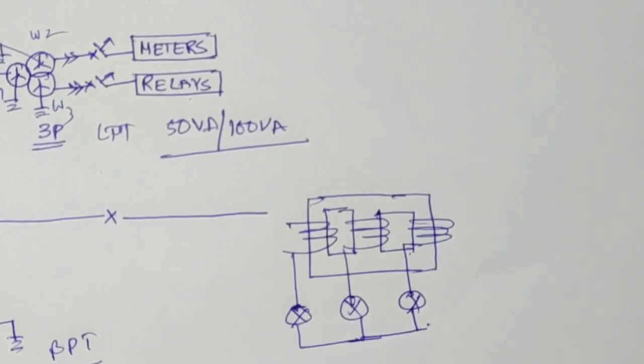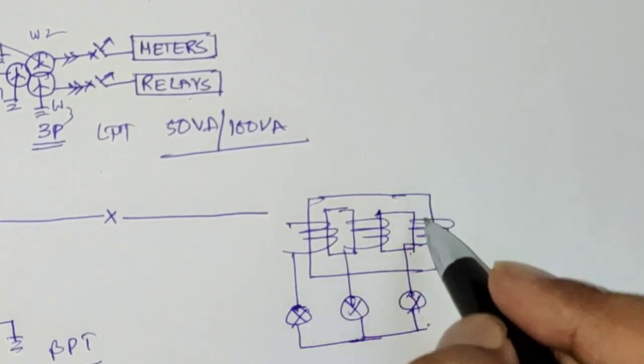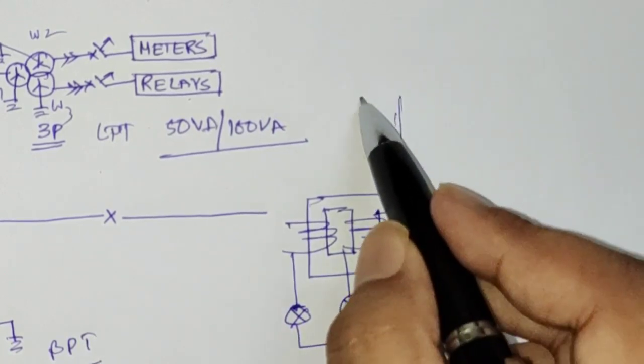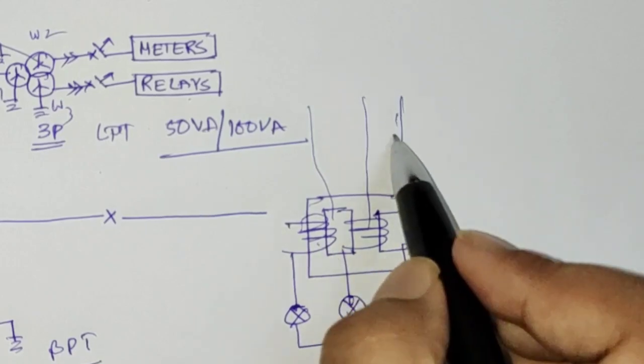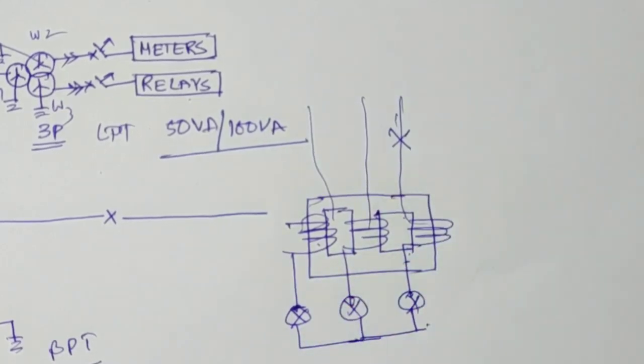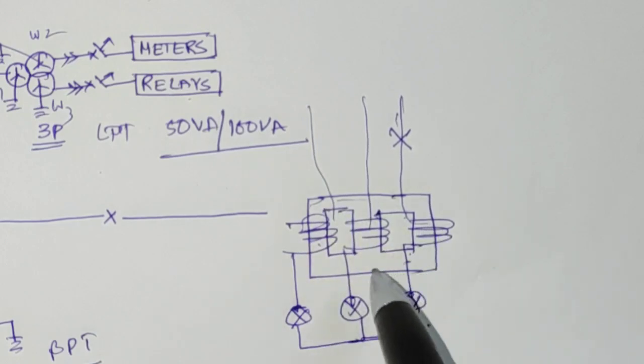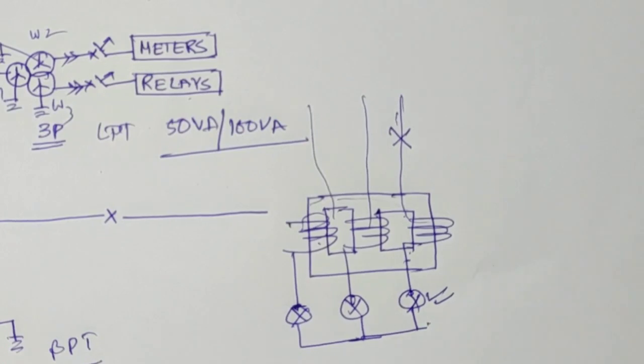Now if any of the primary windings has broken, suppose this primary winding has broken, this core will be energized through the balance two windings. Your indicator will still be glowing, but our intention would be to turn off this indicator. So to ensure that, we need to take 3 single phase transformers, a bank connected in 3-phase. So remember that PTs are selected that way.